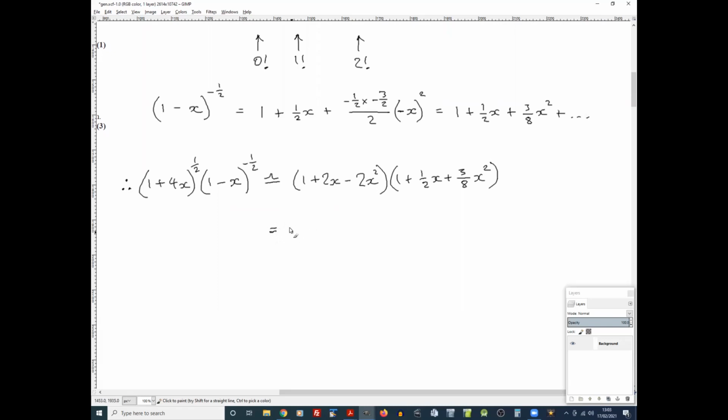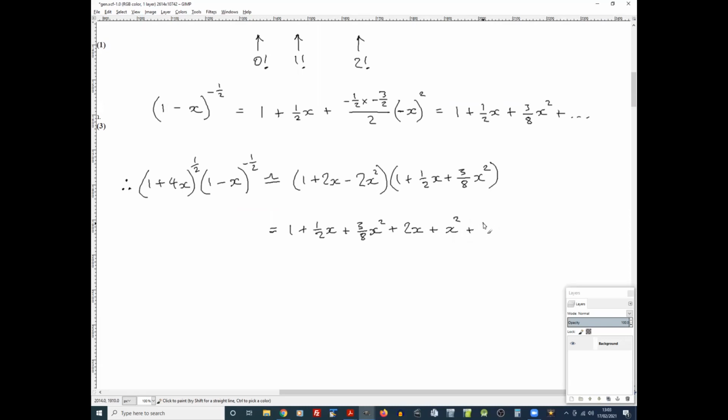We get 1 plus a half x plus 3/8 x squared. Good. Plus 2x. Good. Plus x squared. Good. Plus 6/8 x cubed.